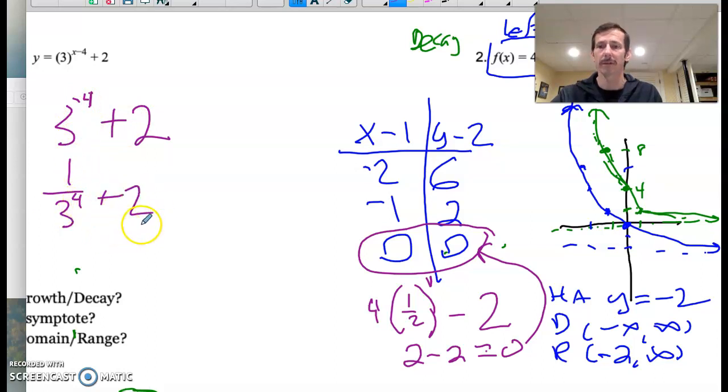And 3 to the 4th is 81, so this becomes 2 and 1/81st, which is just above 2, but notice that's my horizontal asymptote, so I'm just above my horizontal asymptote. Very difficult to graph, but it gives you an idea where it is. Sometimes these graph out pretty nice when you put a 0 in there, so that's always a good stabilizing point to do.